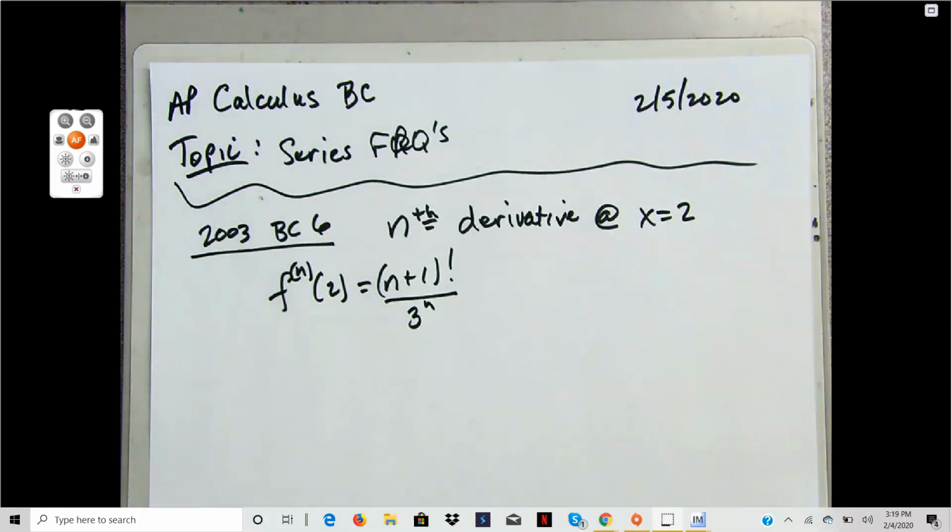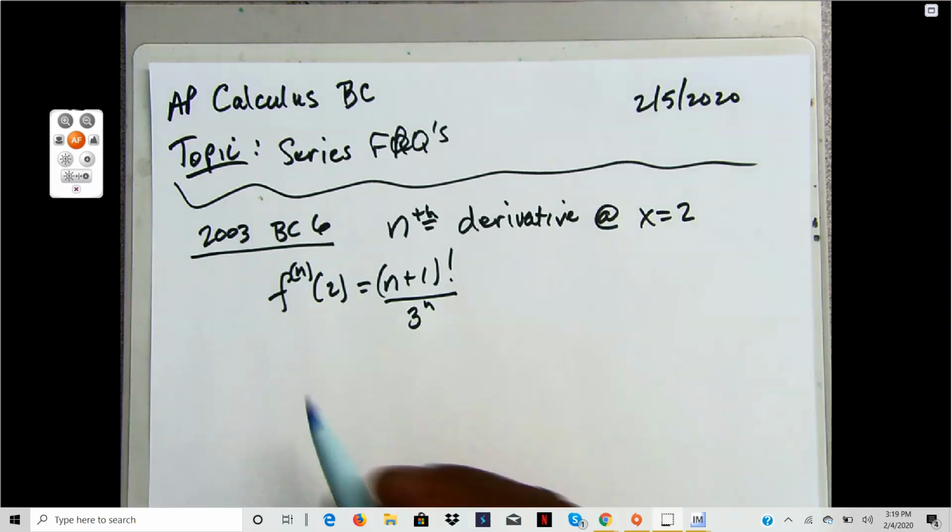And we're looking for a Taylor polynomial at c equals 2. For part A, it's asking us to write the first 4 terms and the general term for the series of f about x equals 2.